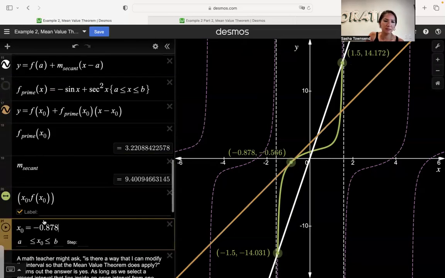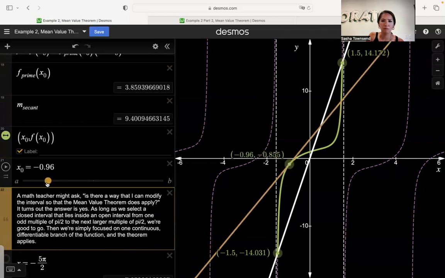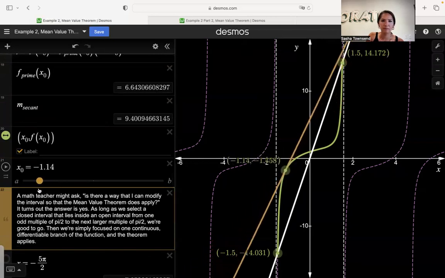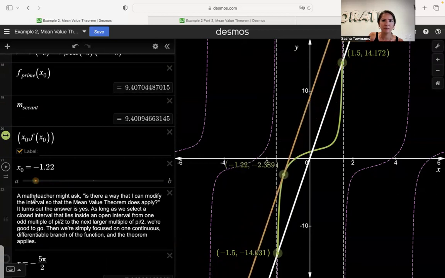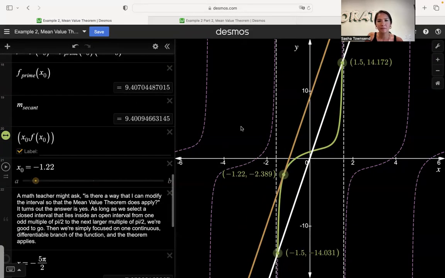I'm just going to move my slider. I want my slope to be 9.4. So approximately negative 1.22. And I think that there might be one on the other side as well.